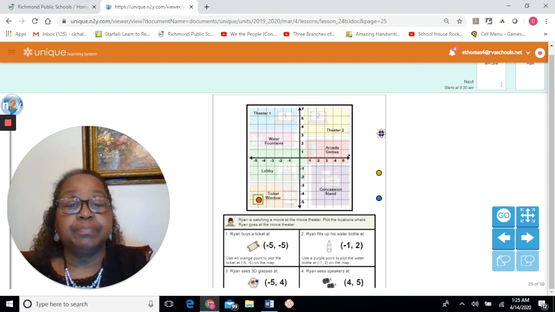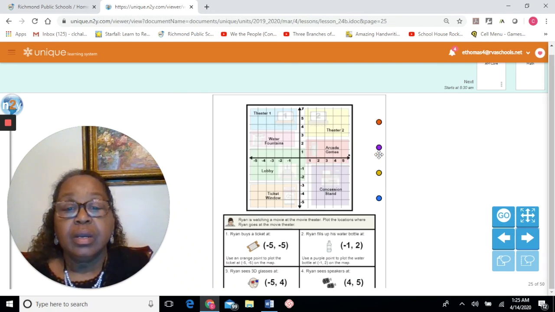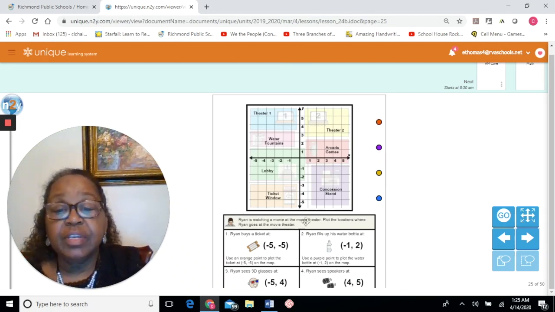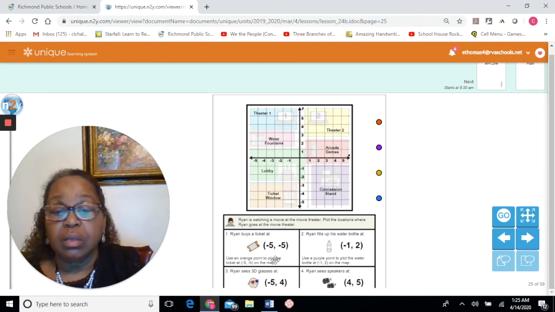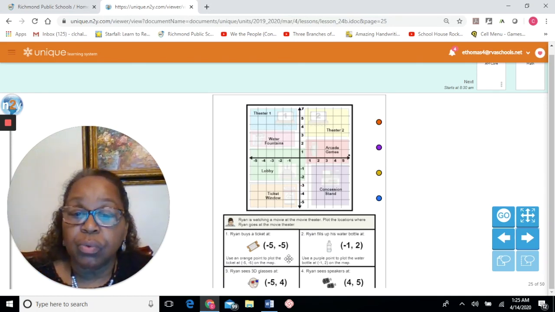Let's see. They have given us the coordinates in our ordered pair, and we need to move the points to where the coordinates are. Let's see if we can get them correct.